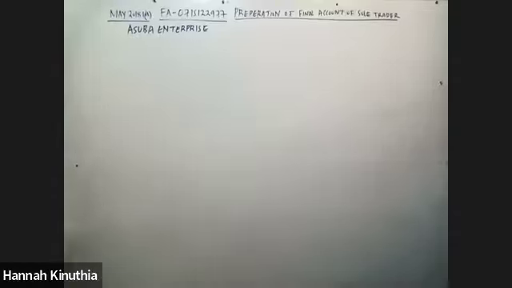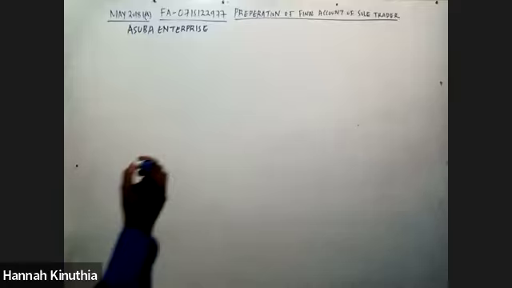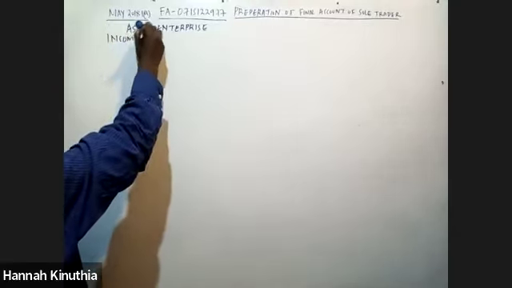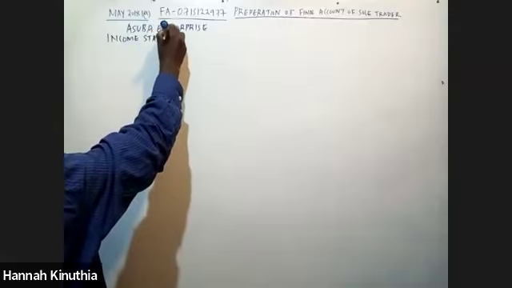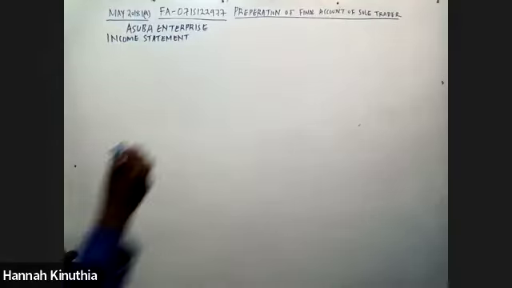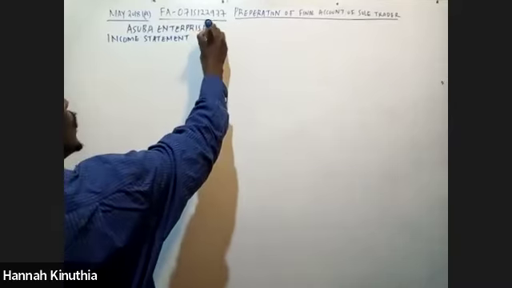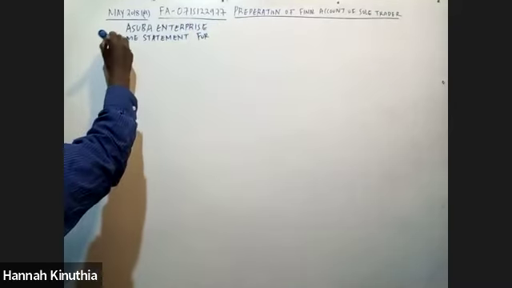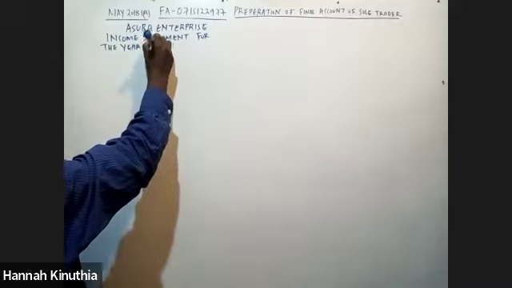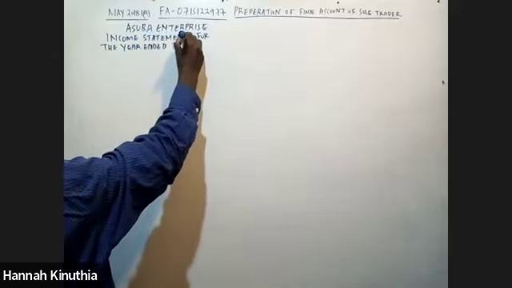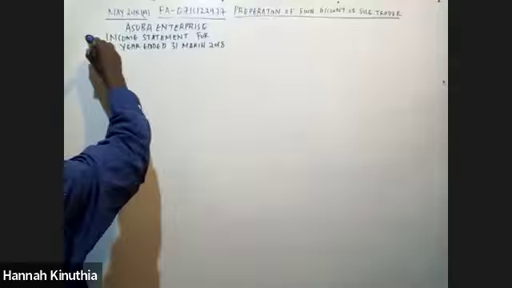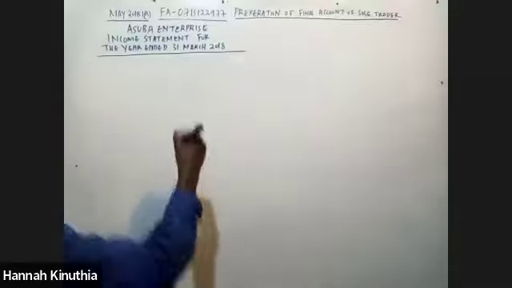Asuba Enterprise, the income statement for the year ended 31st March 2018. So the income statement heading ends.